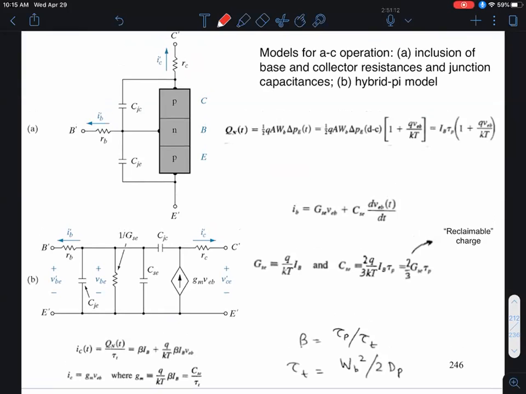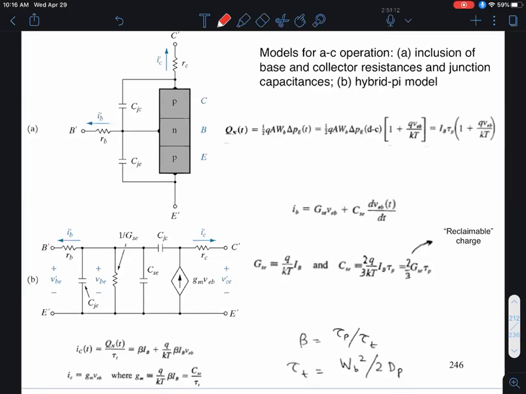We did examples of that for the MOSFET, but you can do similar things for the BJT. A simple version is shown in figure A and a more complicated version in figure B. The more of the physics you want to capture, the more of these lumped circuit elements you put in.